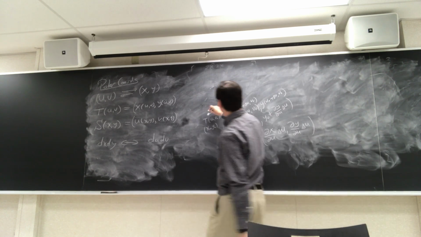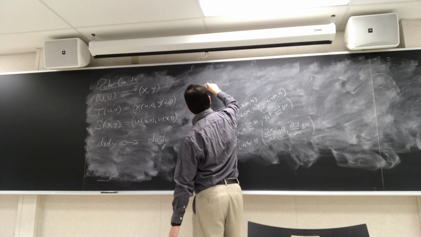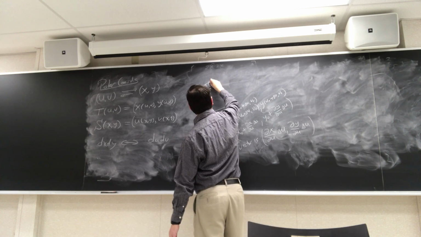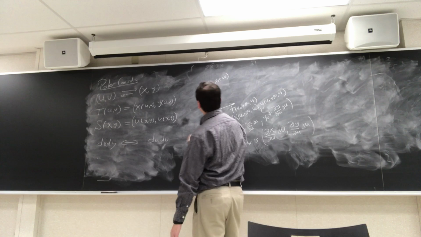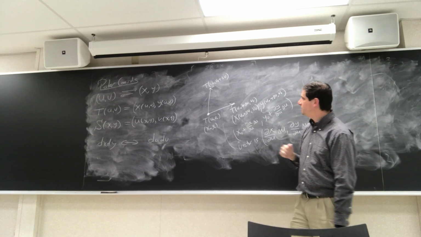Now let's look at the next one. So now we have the point T at (u naught, v naught plus delta v). So we play the exact same game as before.